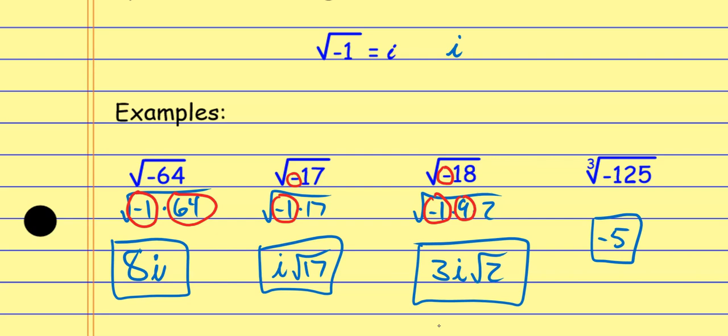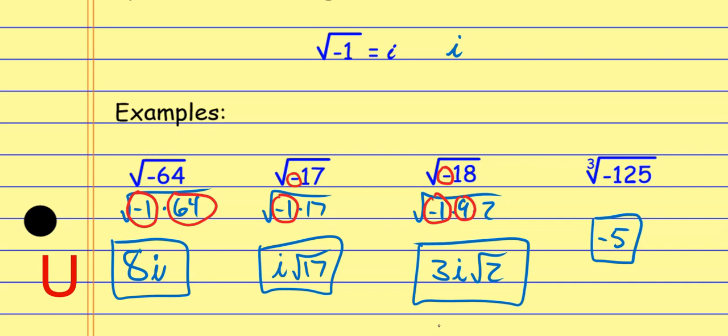And so the idea here is the i value, the imaginary numbers, are defined by square roots. We are allowed to take the cube root of a negative. Because again, think backwards. -5 to the third power, -5 times -5 times -5 is a -125. And so i's don't apply to cube roots, okay?